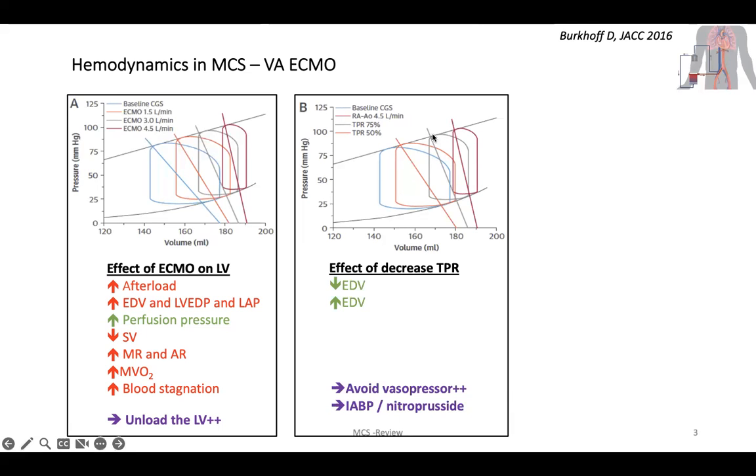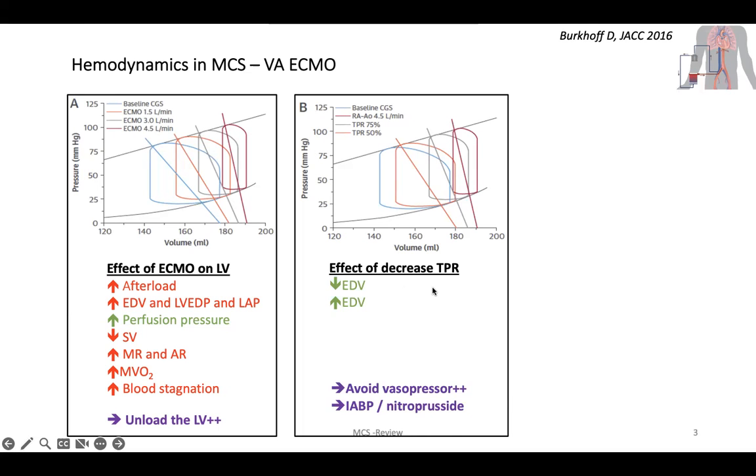You may also have a decrease of end systolic pressure, but in the end, you're going to increase your stroke volume, as you see the curve enlarge a little bit.